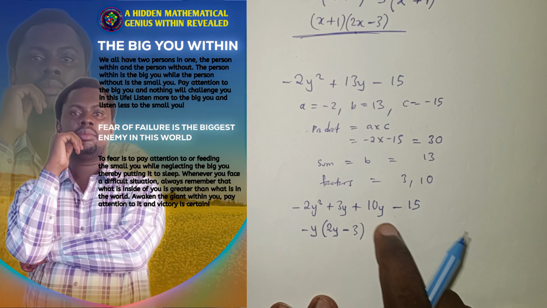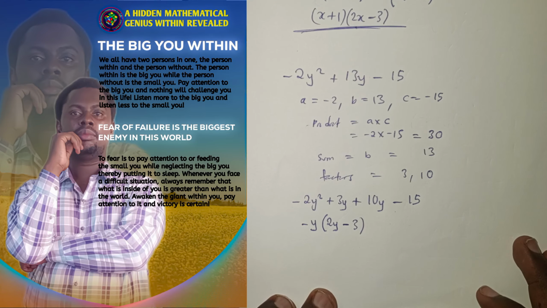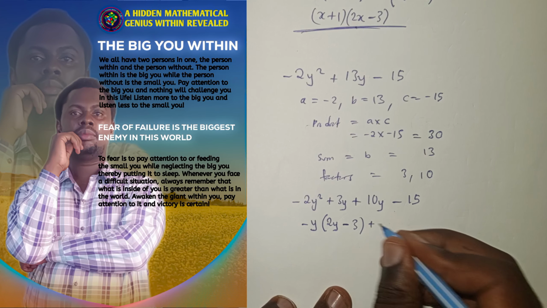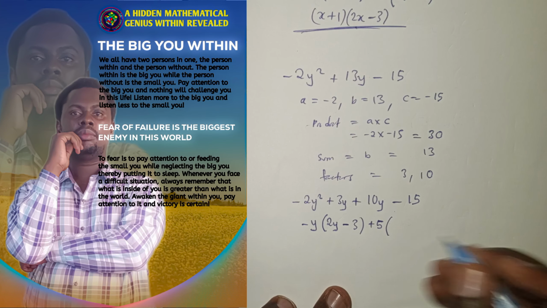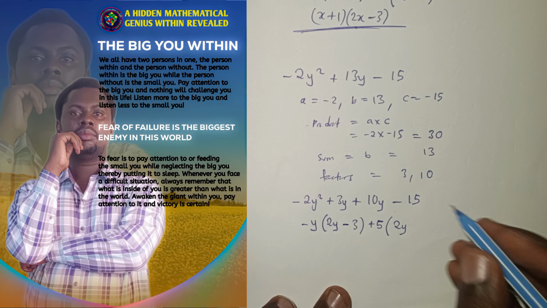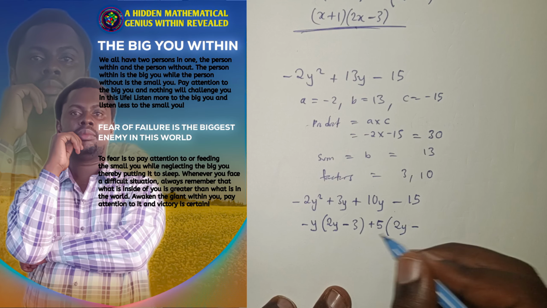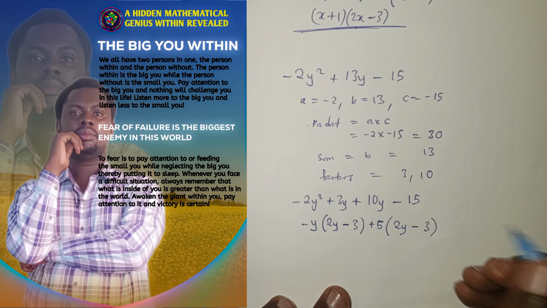Okay, and here there is 10y and 15. What is common in 10 and 15? Yes, 5. So we say plus 5. So 10y divided by 5, you get 2y. And negative divided by positive is negative. 15 divided by 5, you get 3.